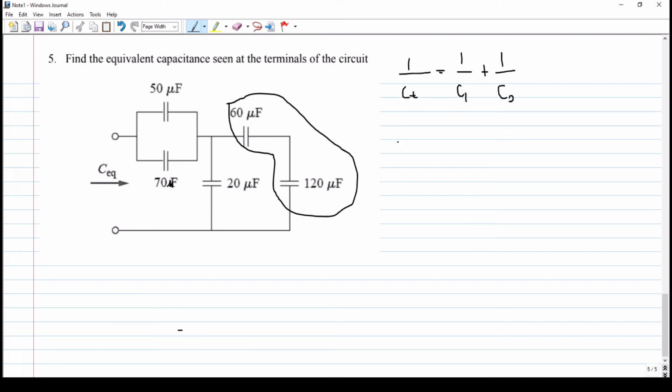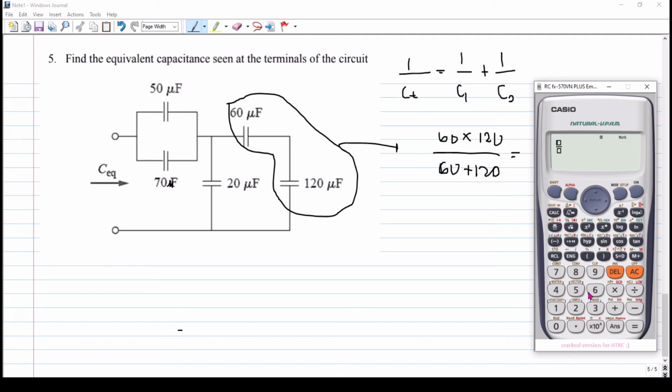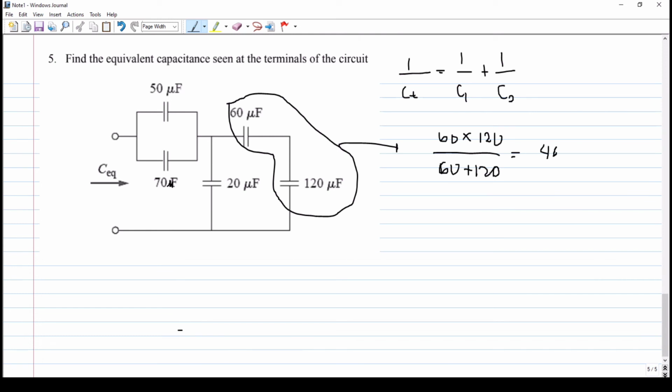So to find the equivalent capacitance of this, that is 60 times 120 over 60 plus 120. Okay, so calculate. That is 40.